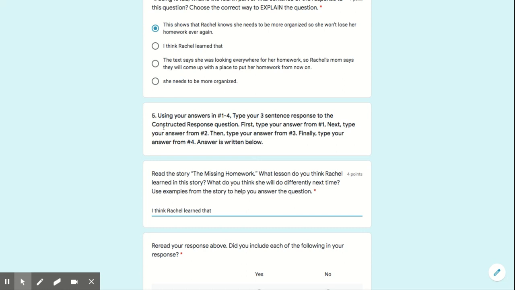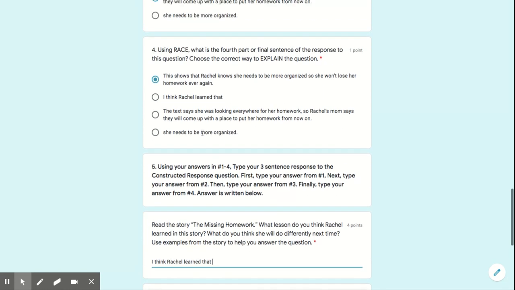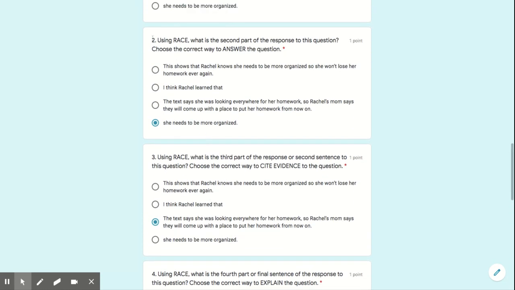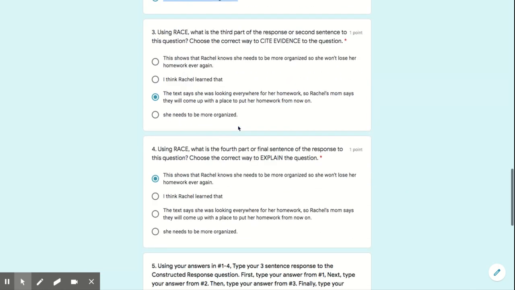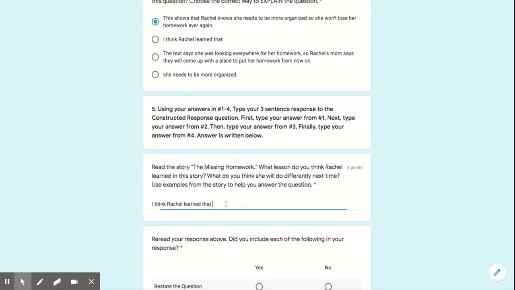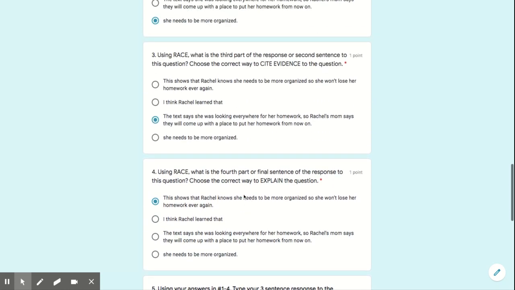Next, type your answer from part 2. So I go up, I find question number 2. I highlight it, I push Control C, go back down to my answer and push Control V. Now I have R and A done. Then you go to number 3.